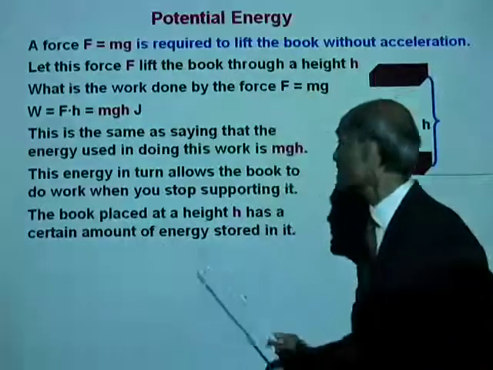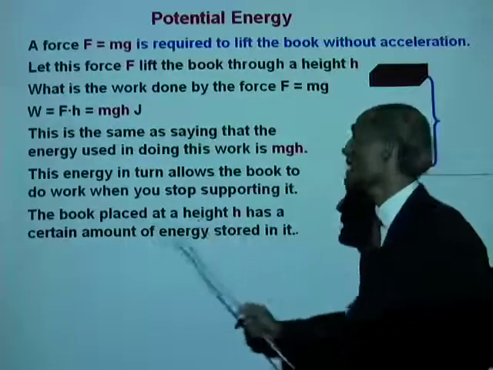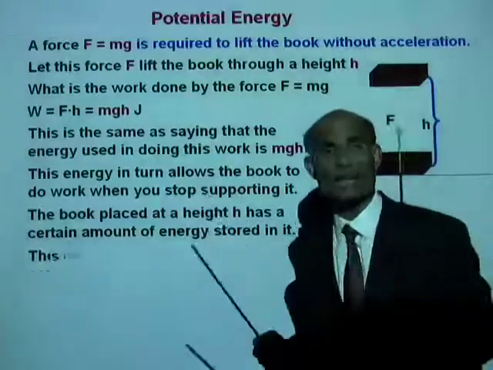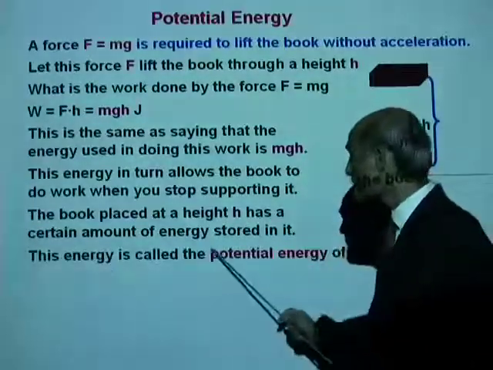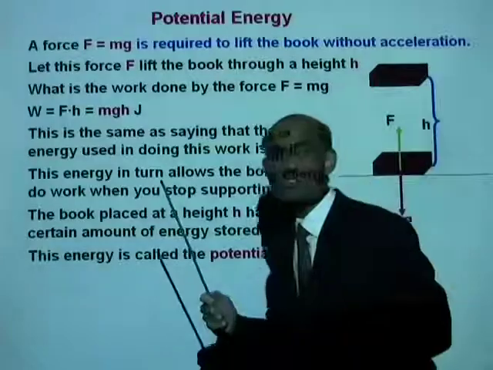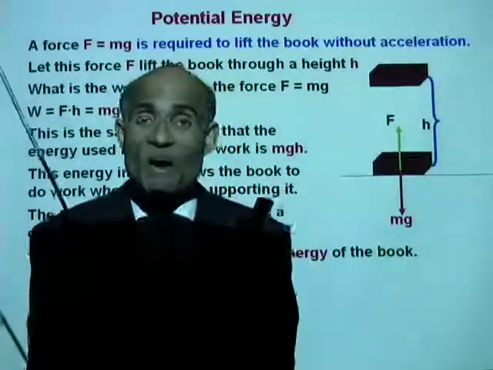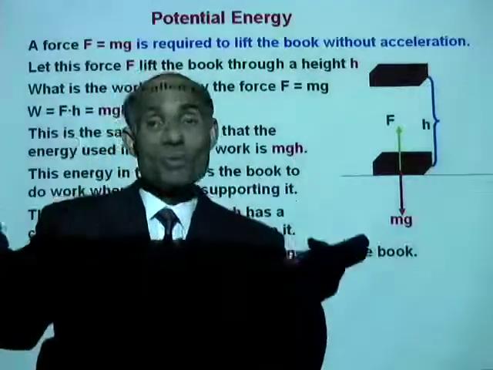So the book placed at a height h has a certain amount of energy stored in it. This energy is called the potential energy. In other words, that book has now the potential to do work.